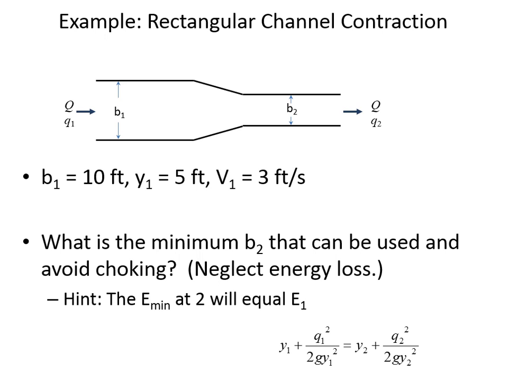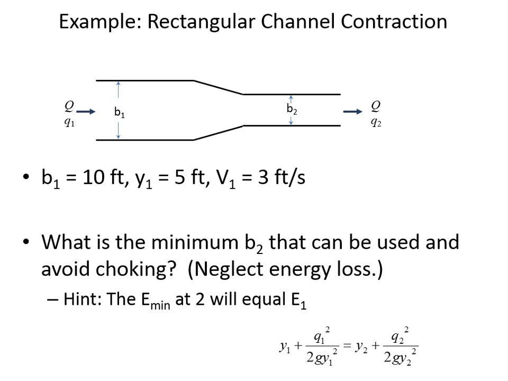That's Q divided by A1, but it's given directly, 3 feet per second is given directly. So we can just put that in: 3 feet per second squared divided by 2 times 32.2 feet per second squared. Okay, so the energy at 1 initially is 5.140 feet.